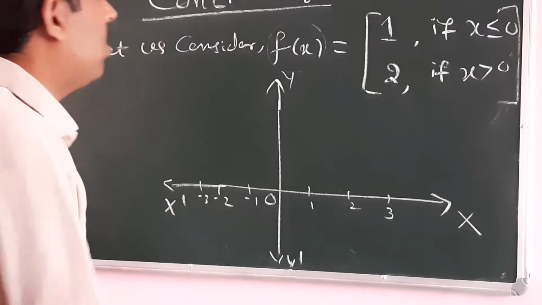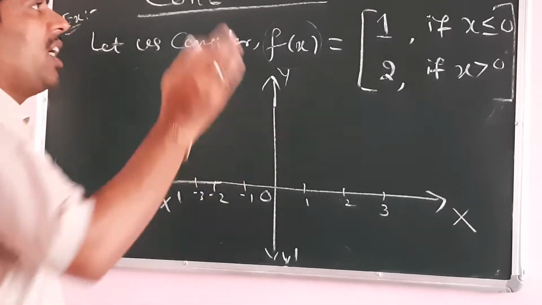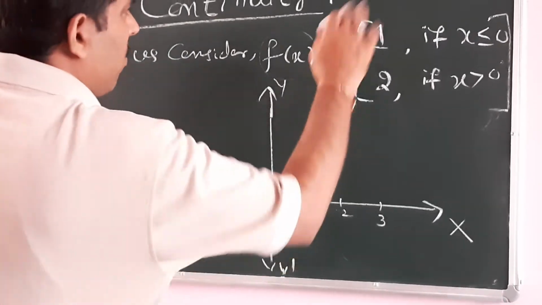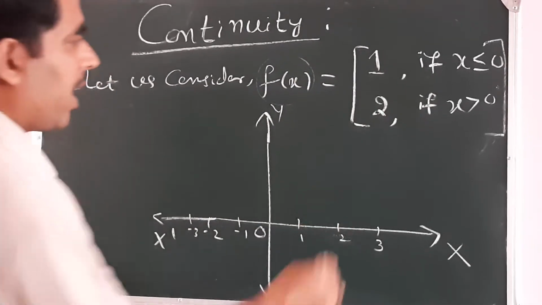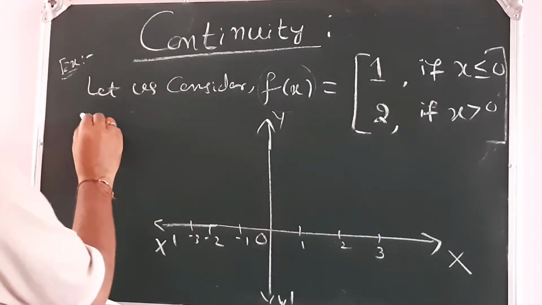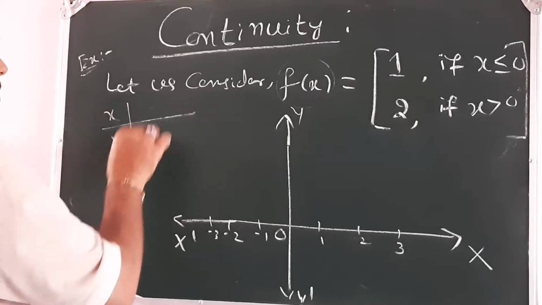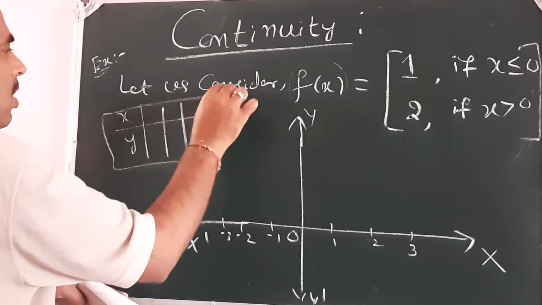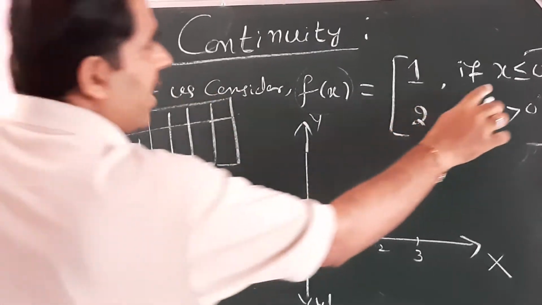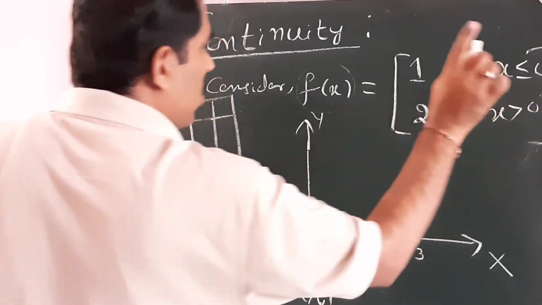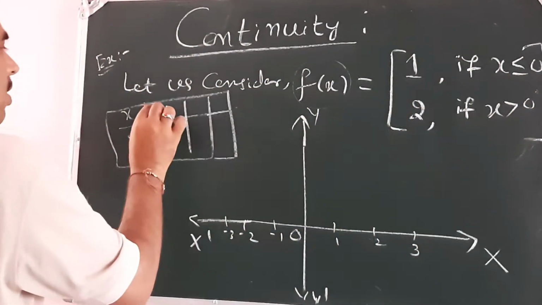Observe carefully. I am going to explain what is the meaning of continuity. If I roughly work out the values, we can give the values here. x is less than or equal to 0, so 0 is included here, and I will start from 0.